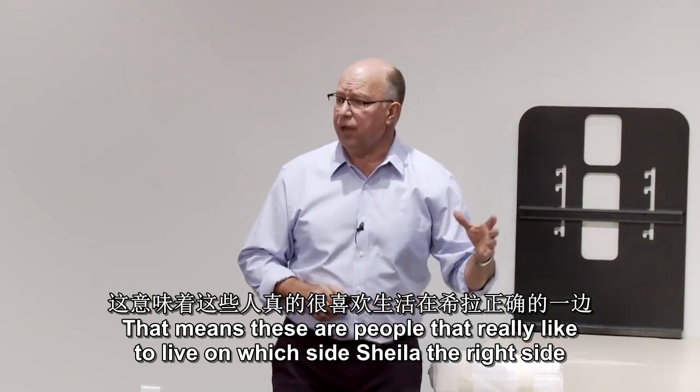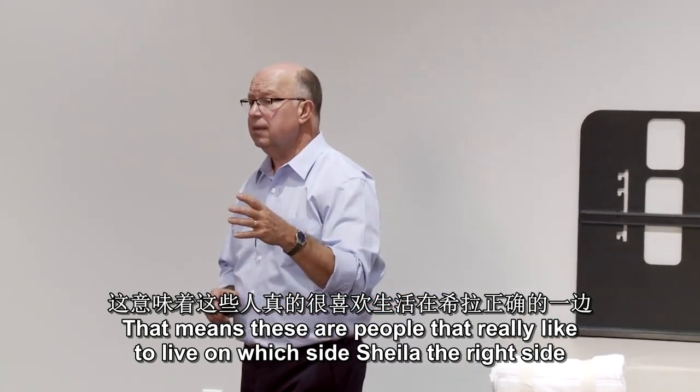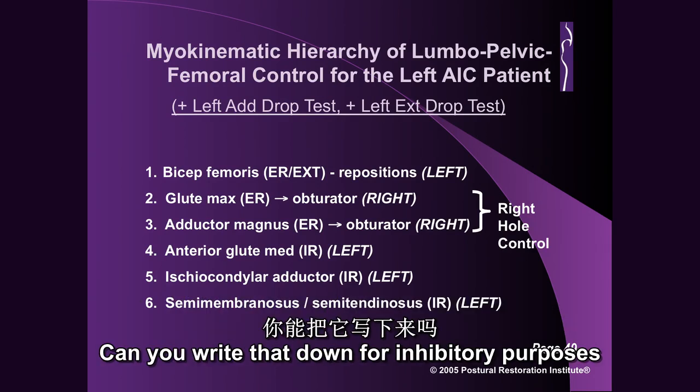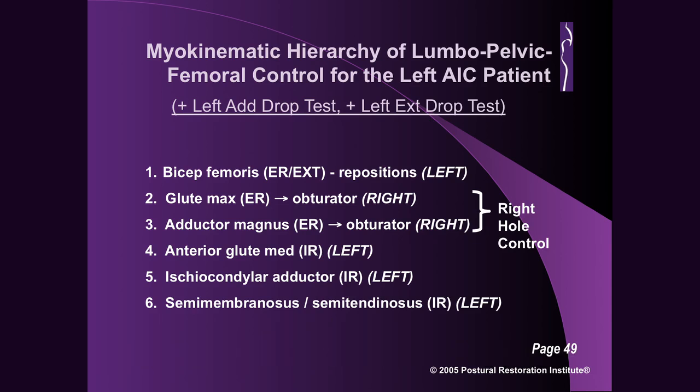That means these are the people that really like to live on which side, Sheila? The right side, okay? Their biceps femoris group on the left needs to be found for inhibitory purposes. Can you write that down? For inhibitory purposes. I'm trying to really clean this up.